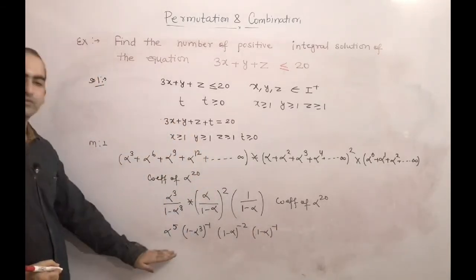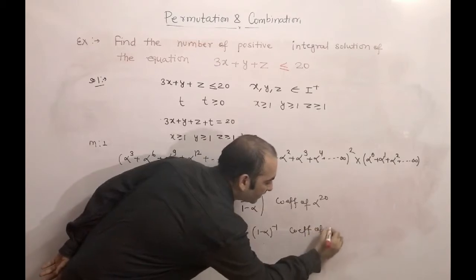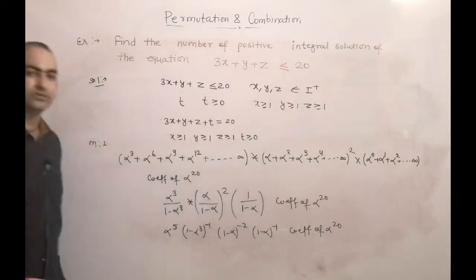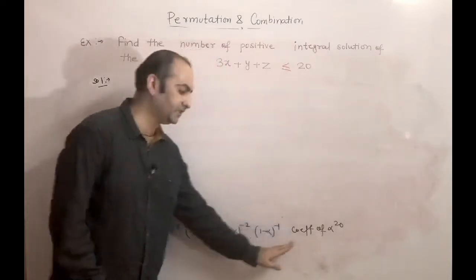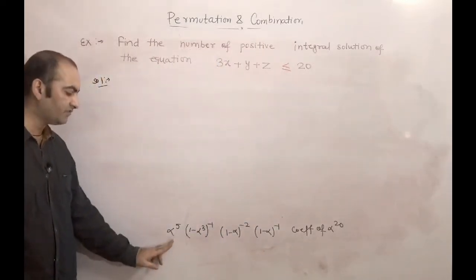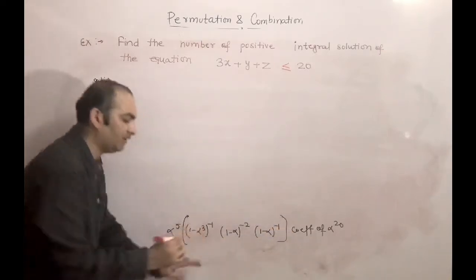Okay, so in this equation we want the coefficient of alpha power 20. Here we have alpha power 5, that means from this equation we want alpha power 15.